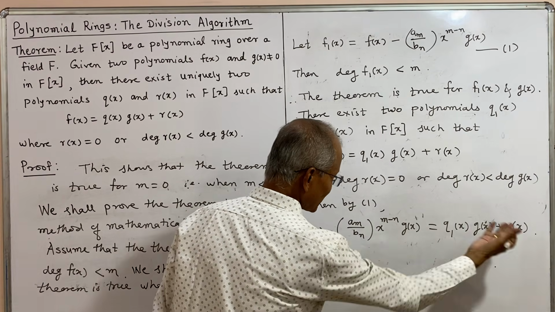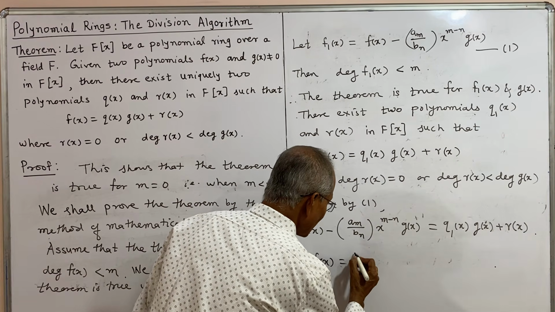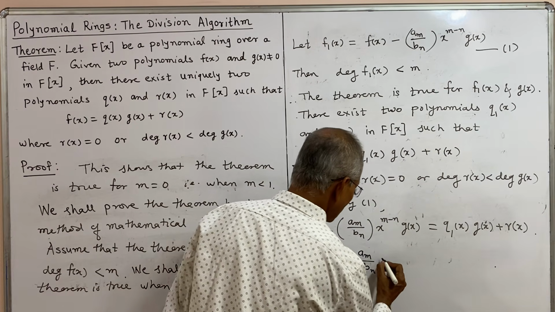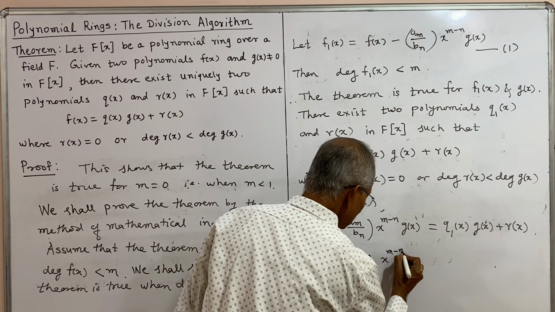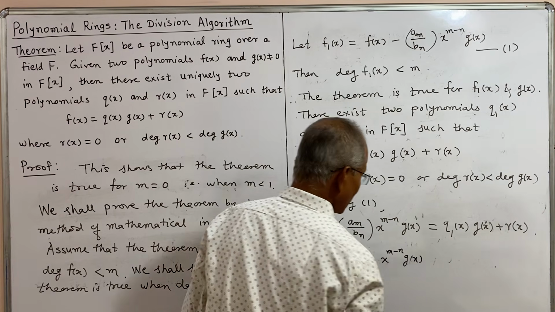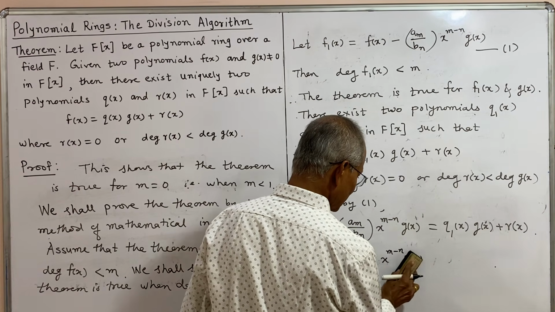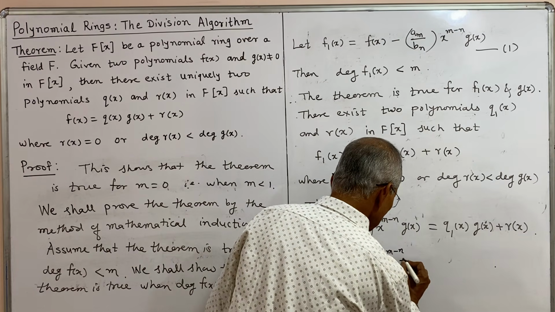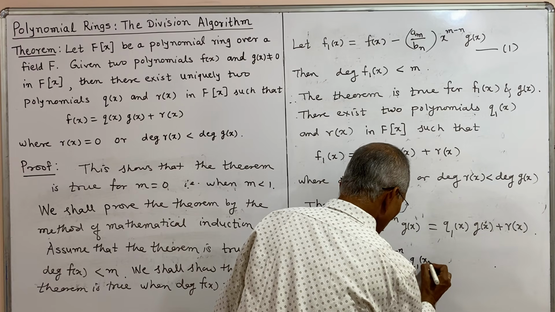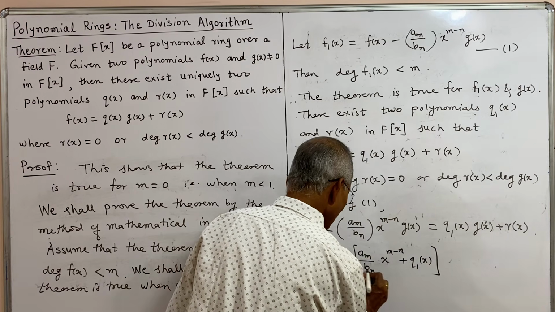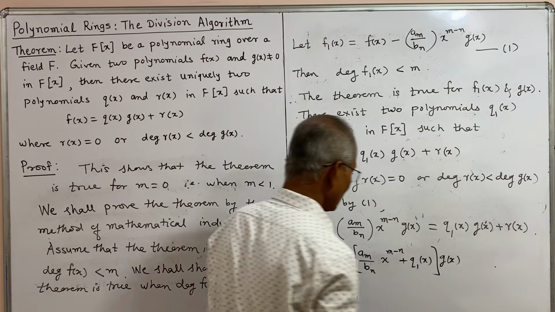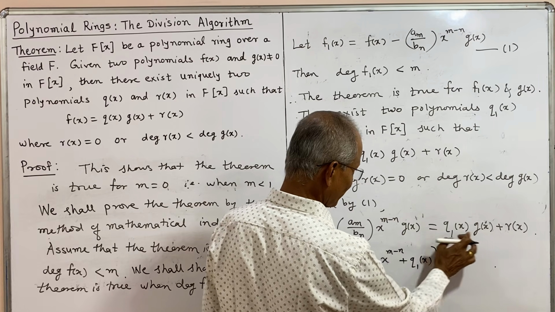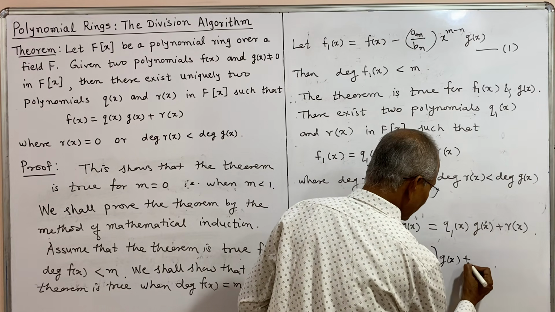We shift this term to the other side, and it becomes positive: am upon bn into x power m minus n times g(x). Since g(x) is a common expression, we write it common. This is shifted to the right side, plus q1(x) multiplied by g(x). You observe this expression is shifted to the right side, it becomes positive, and g(x) we have written common, plus r(x).